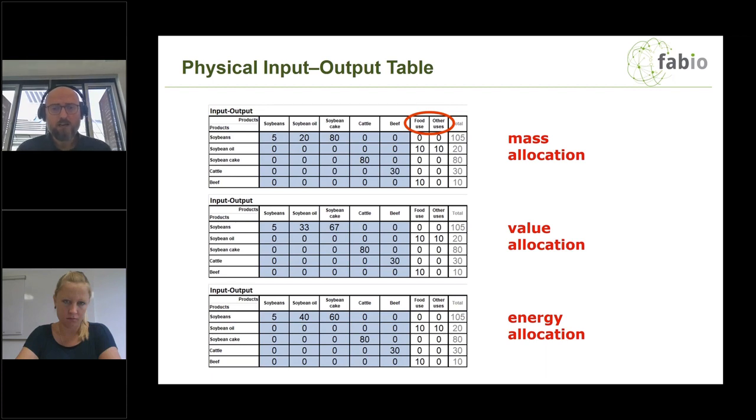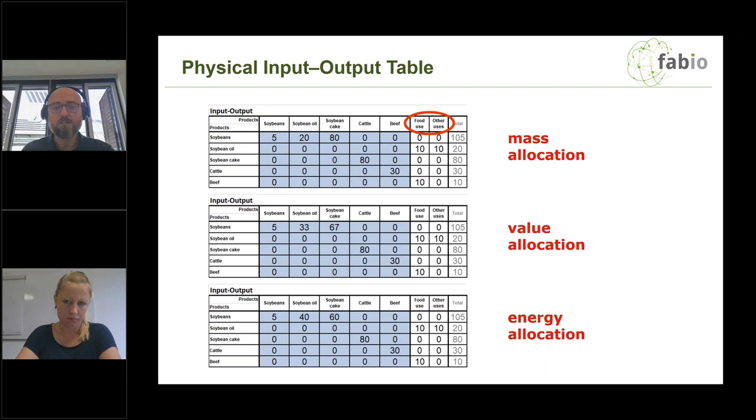Okay, then, I already mentioned that there are the final demand categories of food use and other uses. Actually, other uses, that's not really a final demand, but in FAOSTAT it is considered the final demand.